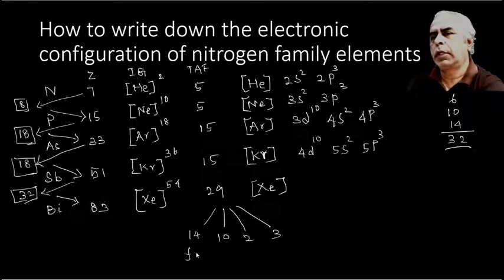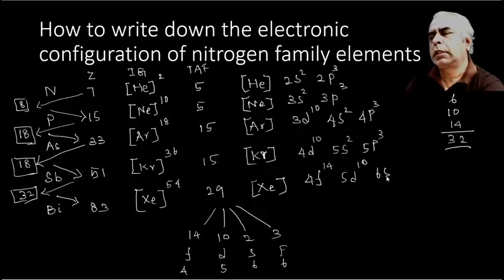So this is for F, and this one for D, and this is S, this is P. So this must be 6s, 6p, and here 5d, and here 4f, very simple. So you can write down 4f14, and then 5d10, then 6s2, 6p3.